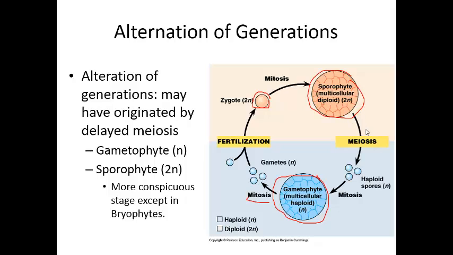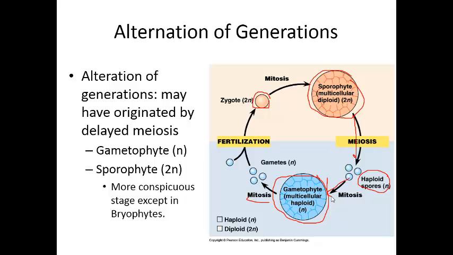This sporophyte is going to go through the process of meiosis. Meiosis cuts the chromosome number in half, and it creates haploid spores. These haploid spores can then grow through mitosis into the next generation, which would be a gametophyte.